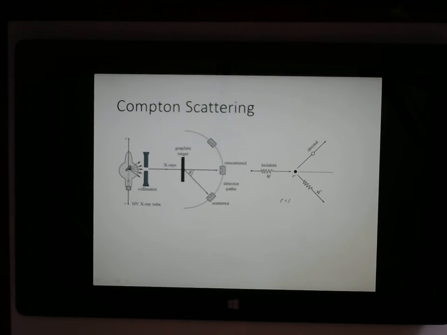Think of it like if you're playing billiards, you hit your white ball onto a coloured ball at an angle, the white ball will bounce off, and then the coloured ball will bounce off at a different angle to it, but they go away from the same central point. And the change of frequency is also really important here, because remember, frequency is proportional to energy.